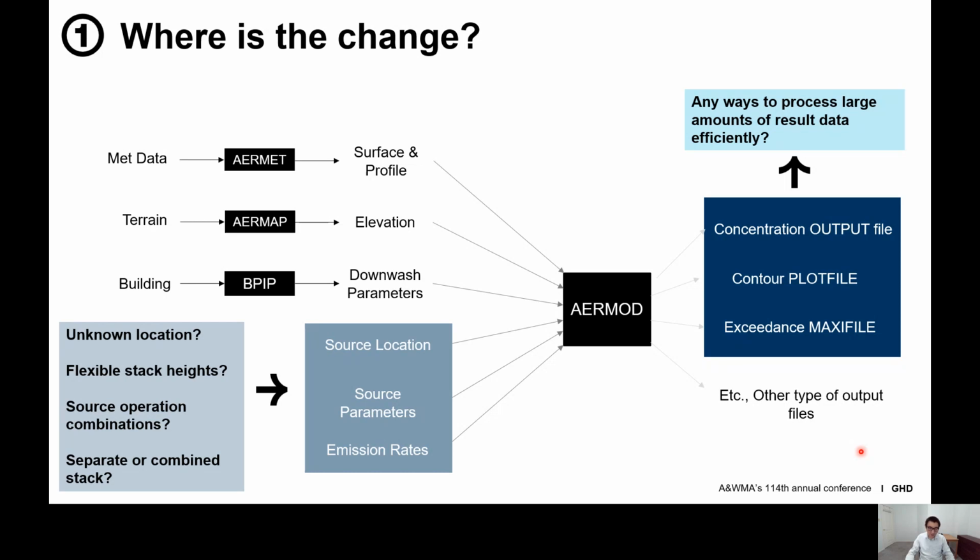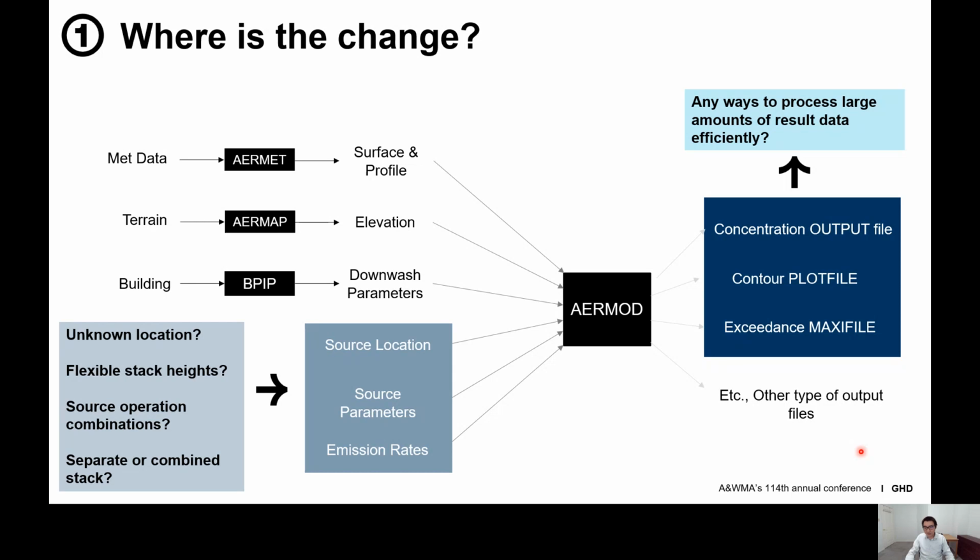We want to evaluate multiple operating scenarios, or separate or combined stack options that the client has not decided on. All of those unknown variables will create a lot of complexity in the model, and we will be looking at how to efficiently set those models up instead of manually entering all the data.